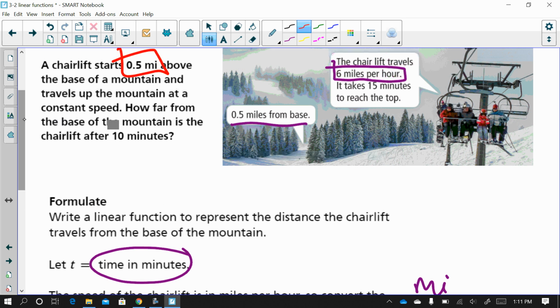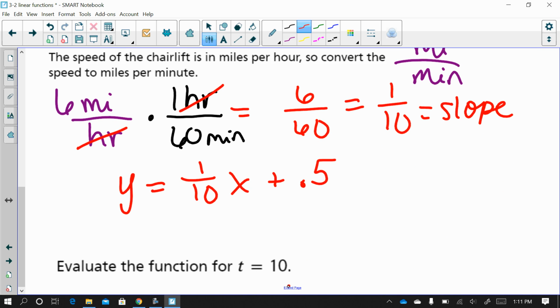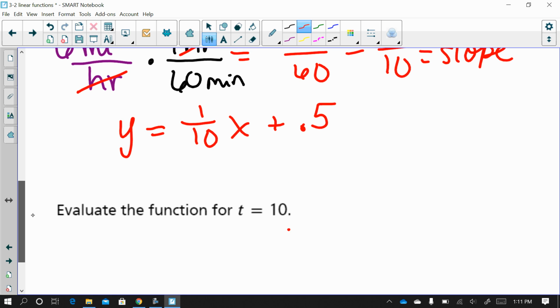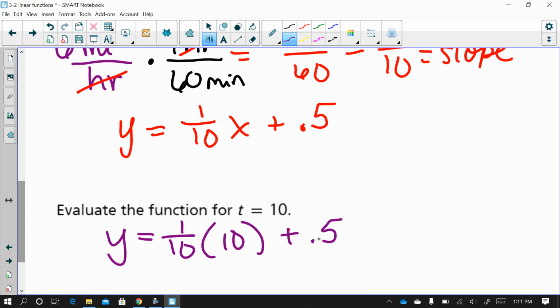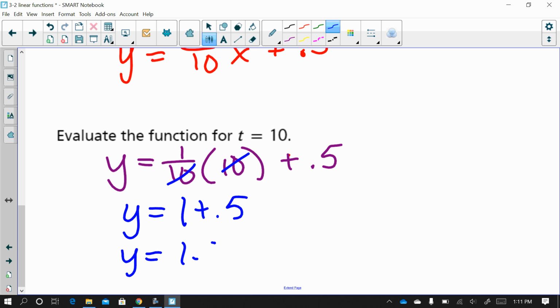So now we want to answer the question. The question says, how far from the base of the mountain is the chairlift after 10 minutes? Now I have my equation, so I can just plug in a time of 10. So y equals 1/10, and instead of writing x, I'm going to plug in my 10 there, plus 0.5. Nice thing about the fractions here, the 10 and the 10 cancel. So y equals 1 plus 0.5, so y equals 1.5.